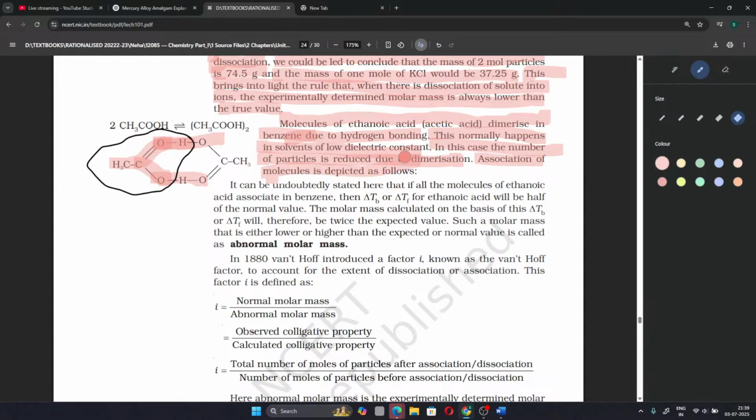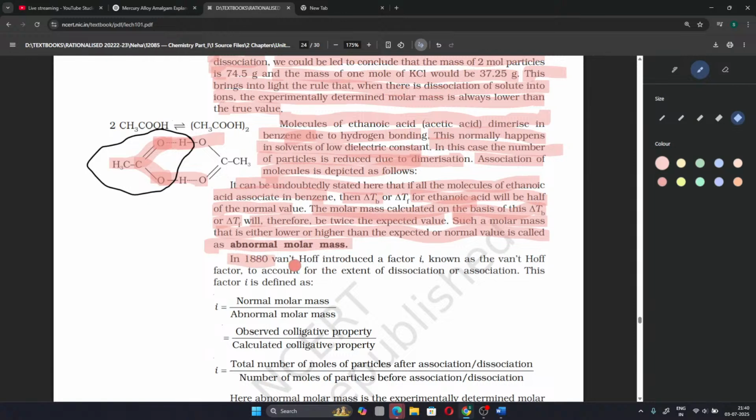Association of molecules is depicted as follows. It can be undoubtedly stated that if all the molecules of ethanoic acid associate in benzene, then delta Tb or delta Tf for ethanoic acid will be half of the calculated or normal value. The molar mass calculated on the basis of this delta Tb or delta Tf will therefore be twice the expected value. Such a molar mass that is either lower or higher than the expected or normal value is called an abnormal molar mass.